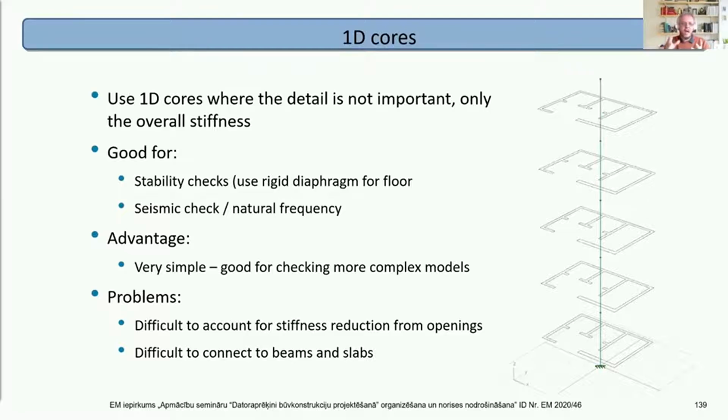But as I said, it's very difficult to account for openings, and it's very difficult to connect beams and slabs into this arrangement. If you're replacing the beams and slabs with diaphragms, then it's not so much a problem. But bear that in mind. Now there are fiddles you can do for the openings. We say, well, the openings really go some of the way, but not all the way.